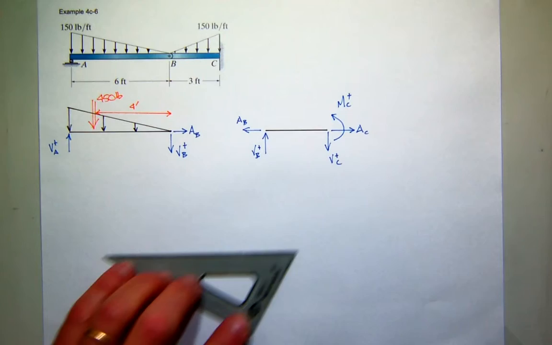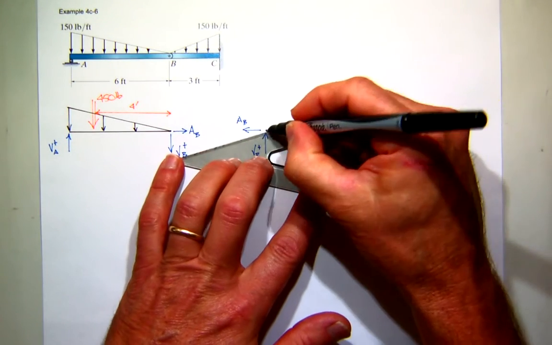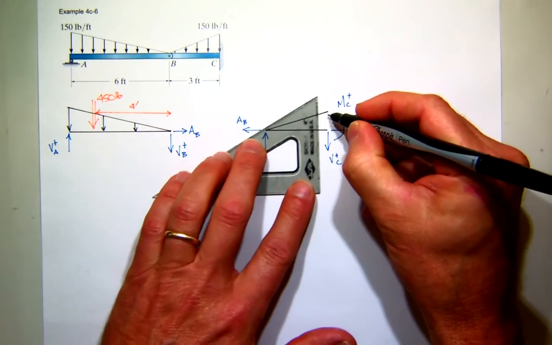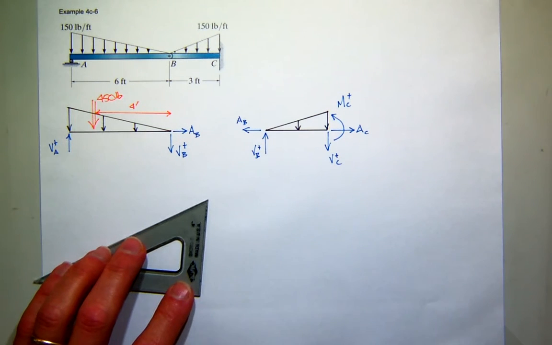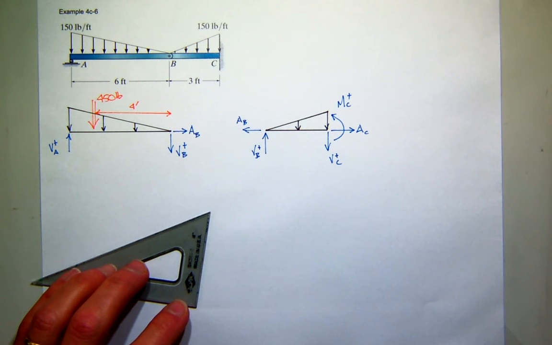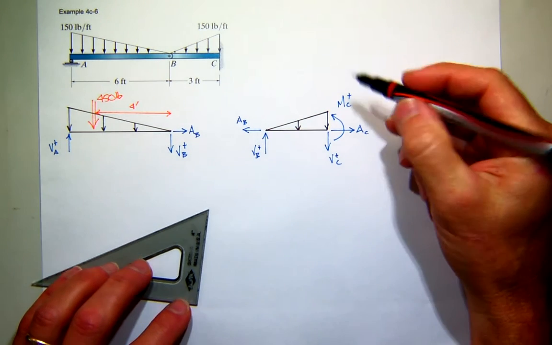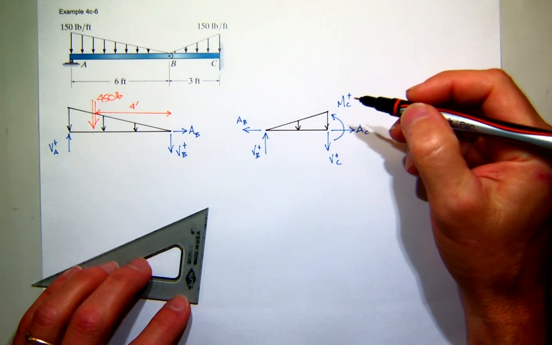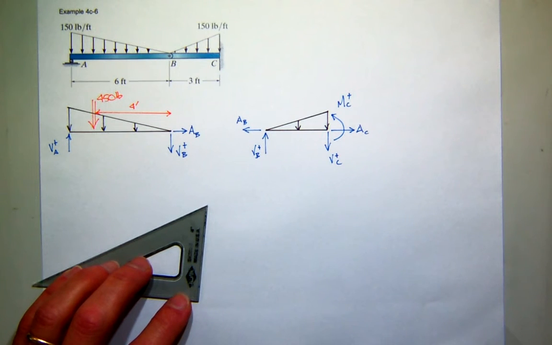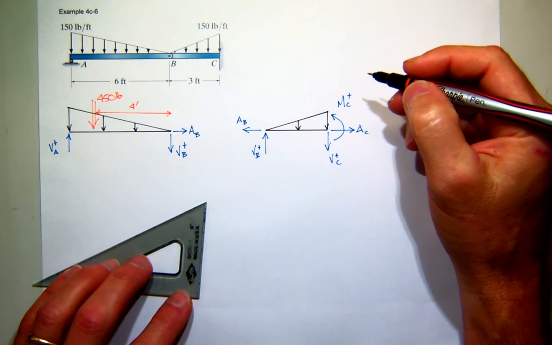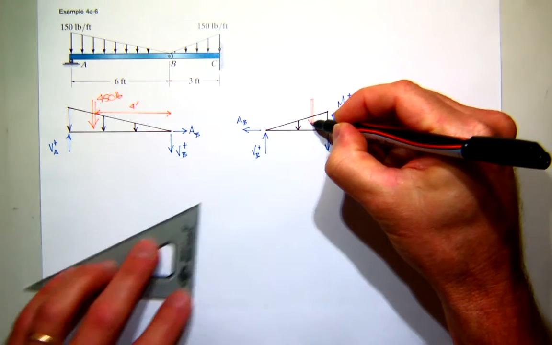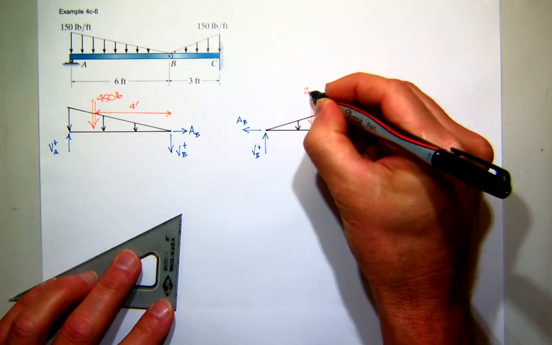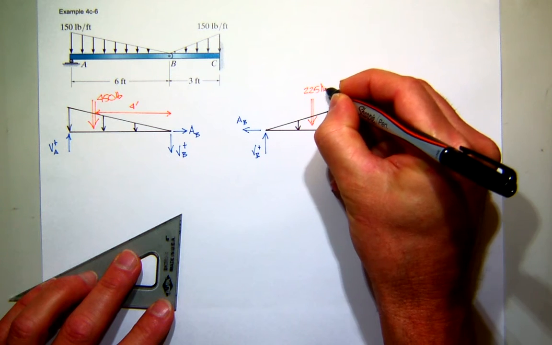I also have a triangular load. The concentrated equivalent of that will be, what is that going to be? I don't know what's half of 450. 225 pounds.